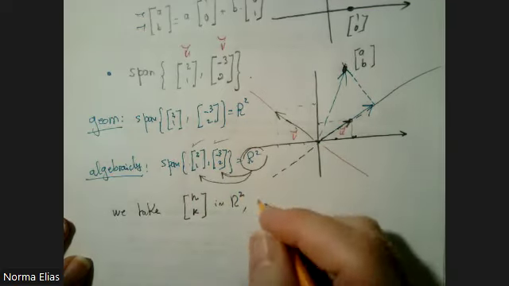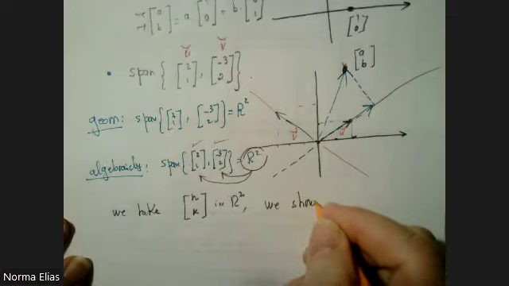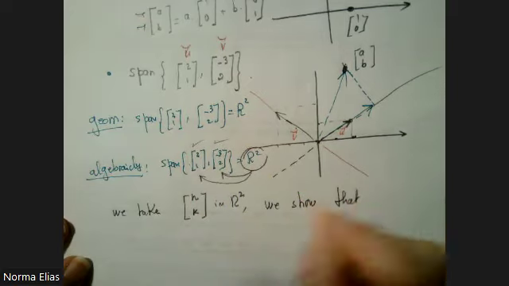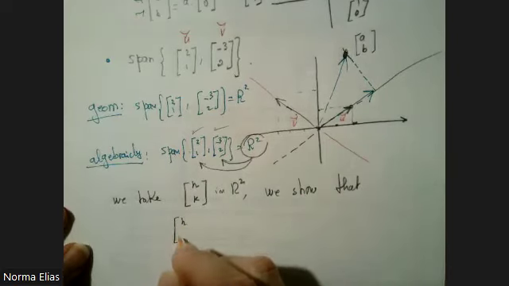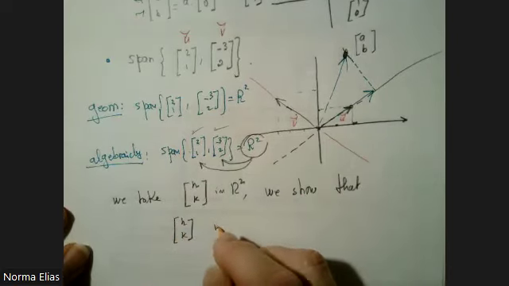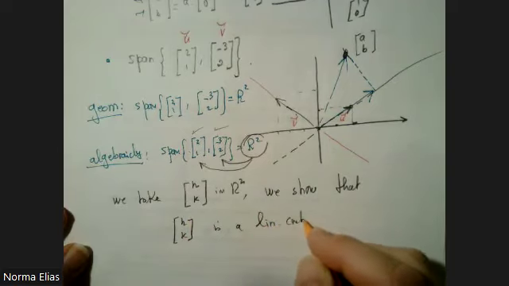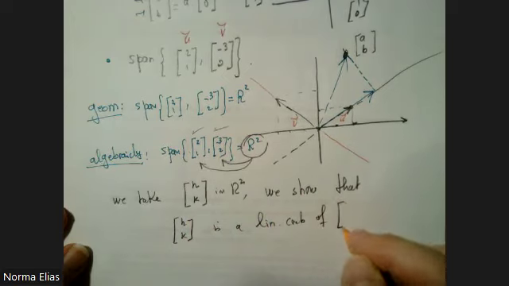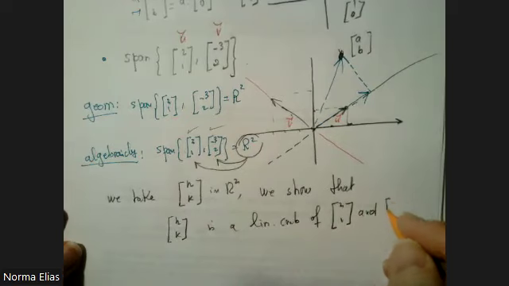And we have to show that this vector, with h and k arbitrary, is a linear combination of (2, 1) and (-3, 2). That's how we show these kinds of ideas algebraically.